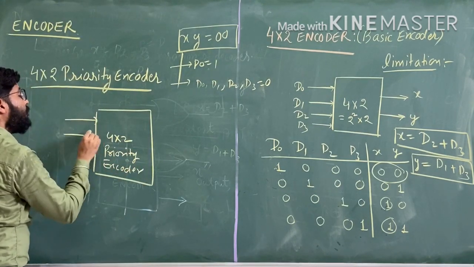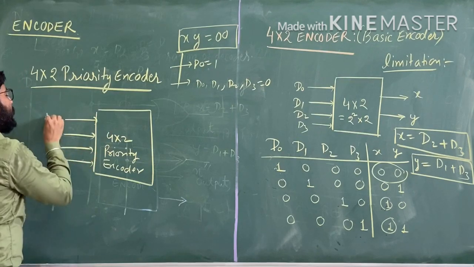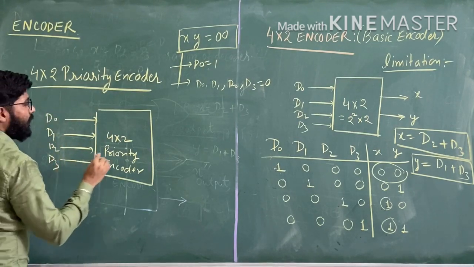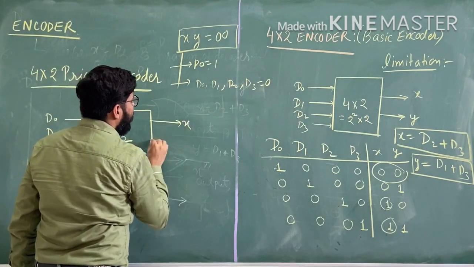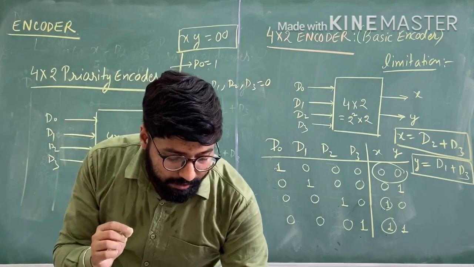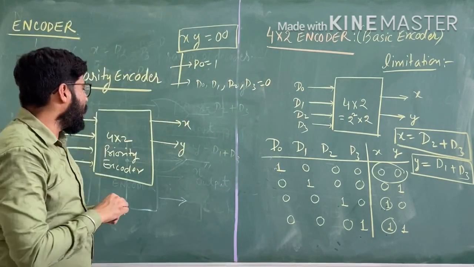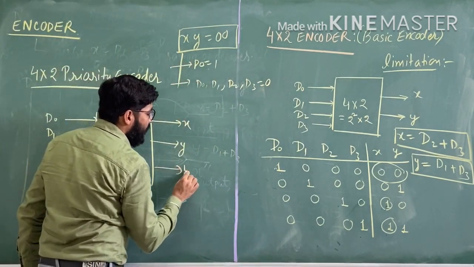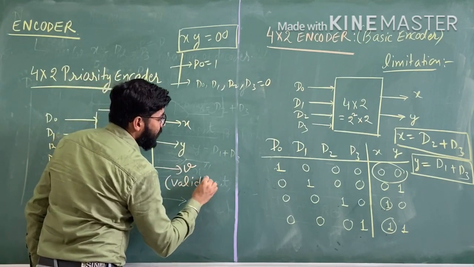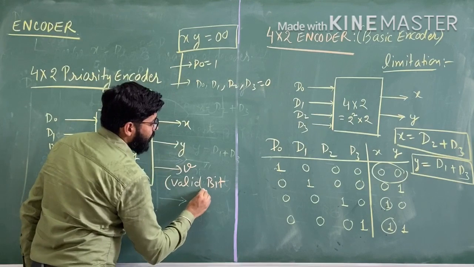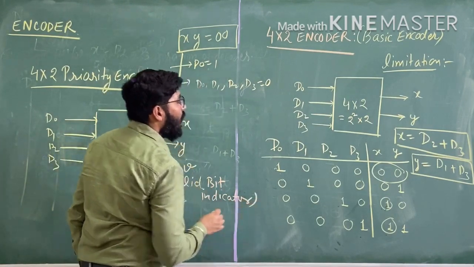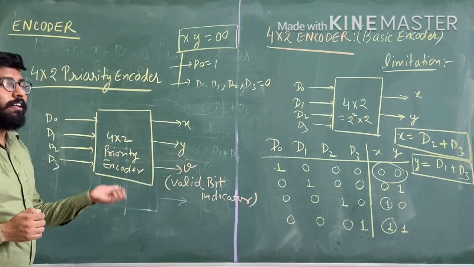Now we have 4 inputs here: d0, d1, d2 and d3, and here we have x and y. One important point is that there is another output, that is V. V is a valid indicator. Why this output? So that we recognize whether the output is valid or not.